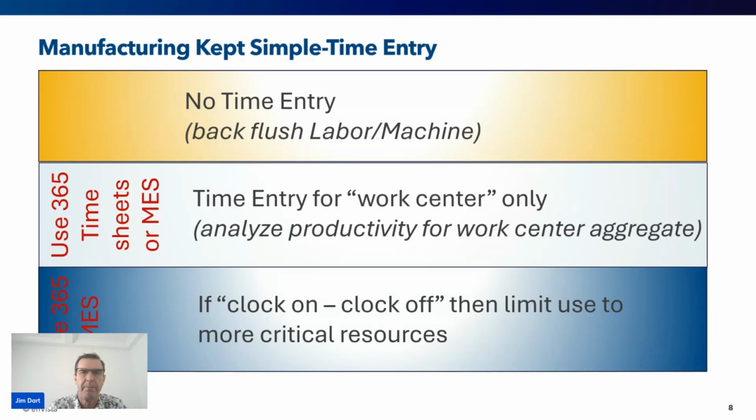The first level at the top there is effectively no time entry. That doesn't mean that in this case we're not implementing routes and not capturing labor and machine time, but the idea is that we're simply backflushing that, and so we're capturing that based on the standard that's defined for the quantity of the product that's being produced. But again, this minimizes the transaction volume.